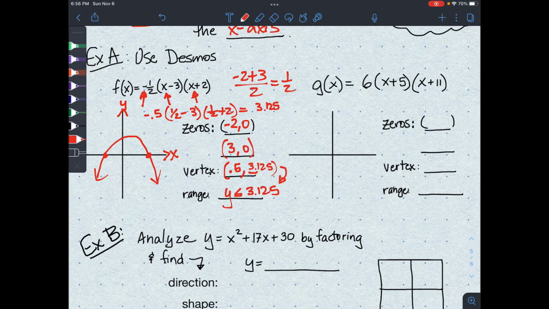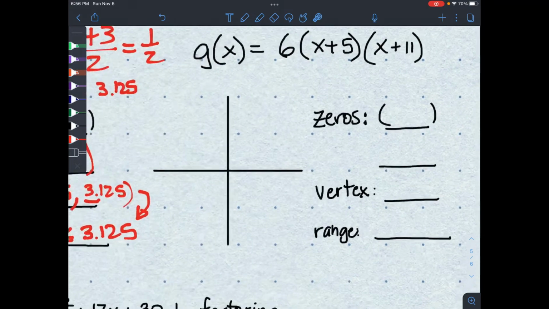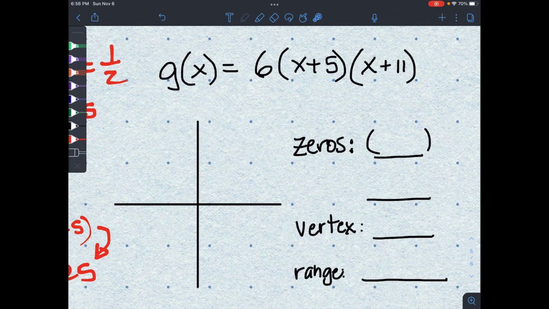All right, so we're going to try this second function over here. Notice again, they give it to us in this clever form. What you can do then is find the zeros, find the vertex, then find the range. So let's skip the graph for the moment.